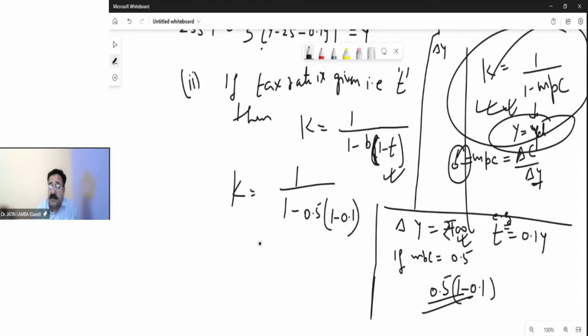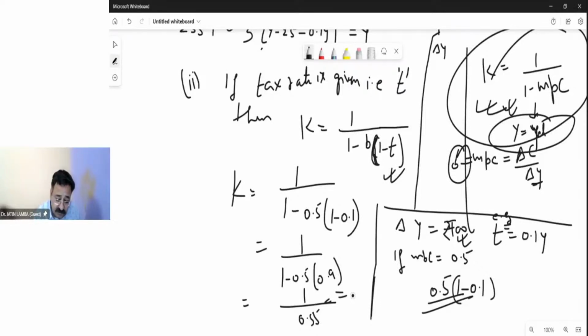That is 1 upon 1 minus 0.5 into 0.9, that is 1 upon 0.55, which will be 1.8182, you can say. So here the value of the investment multiplier falls, right? Why does it fall?